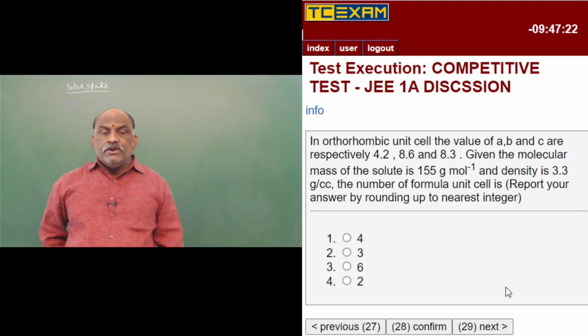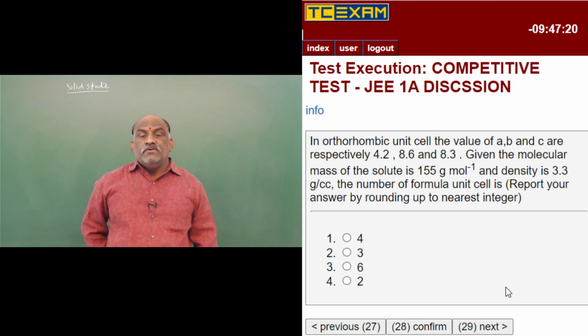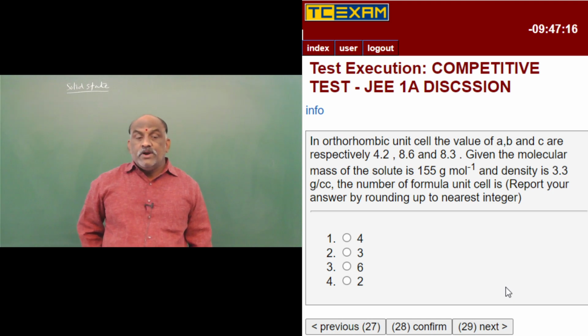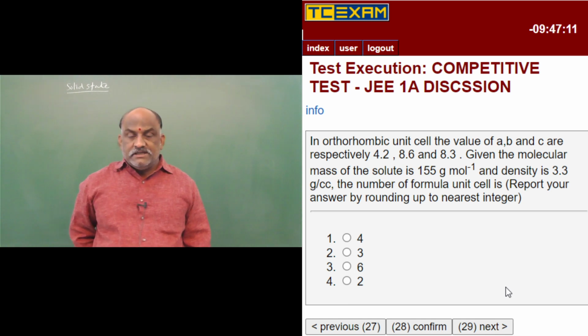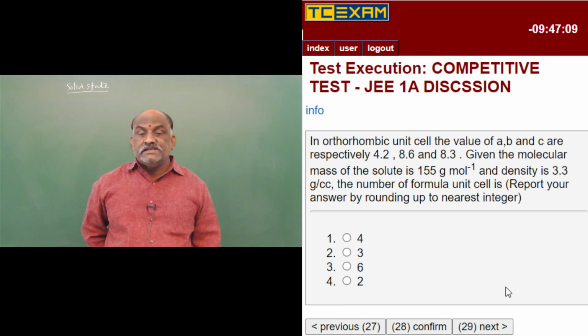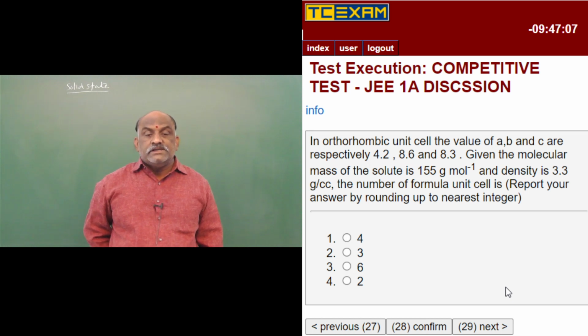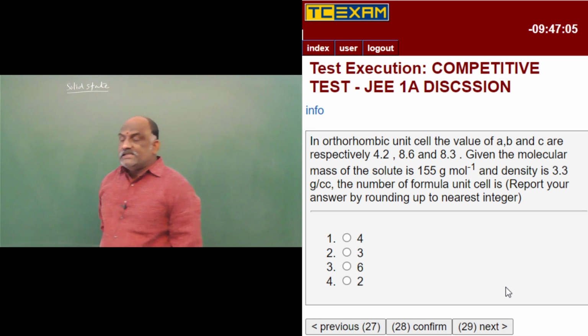Given the molecular mass of the solute is 155 gram per mole and density is 3.3 grams per cc, the number of formula units per cell is. Report your answer by rounding up to the nearest integer.